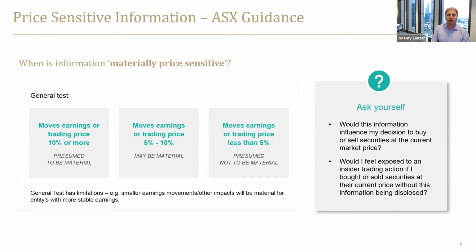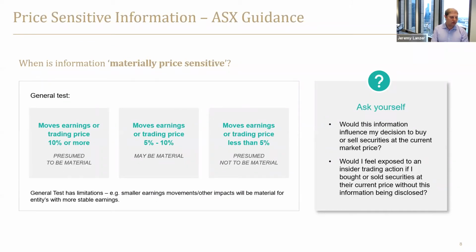The way in which ASX provides guidance here is to say that there's a general test, although of course, like everything, it's very nuanced and it's not definitive, so it always depends. That's why it keeps people like us busy, because you do need to apply it to each fact circumstance.